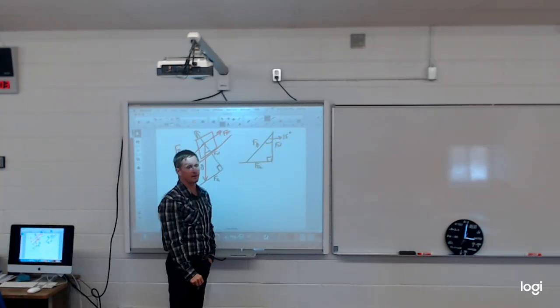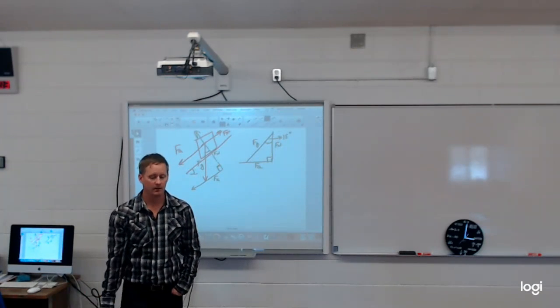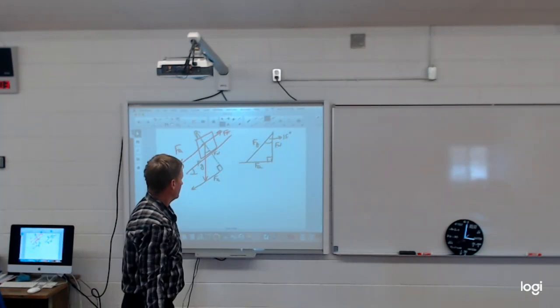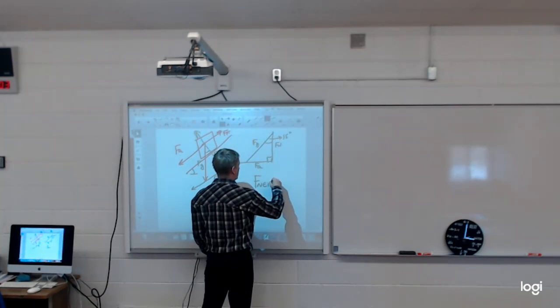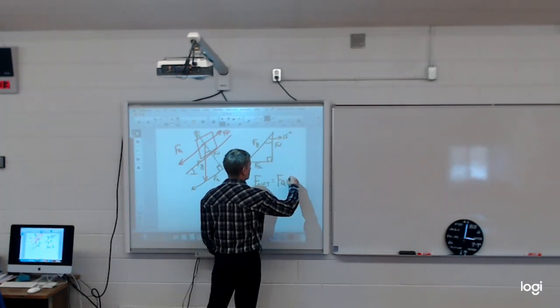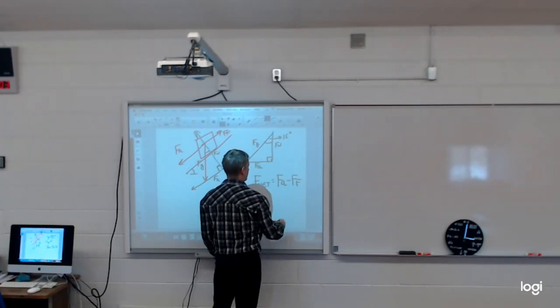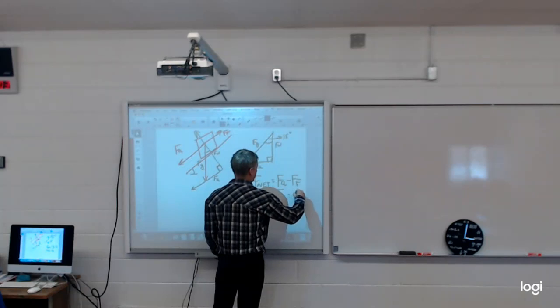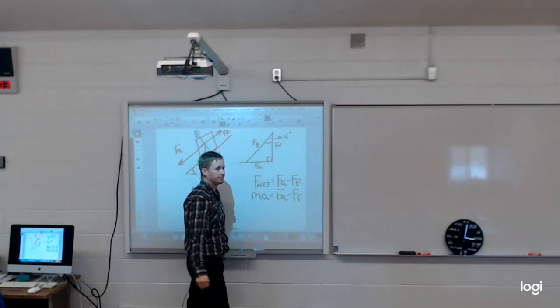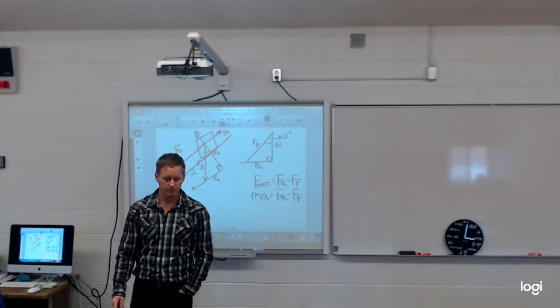So you can find all your information using that. Force net equals force applied minus force of friction. And if you want, mass times acceleration equals applied minus friction.